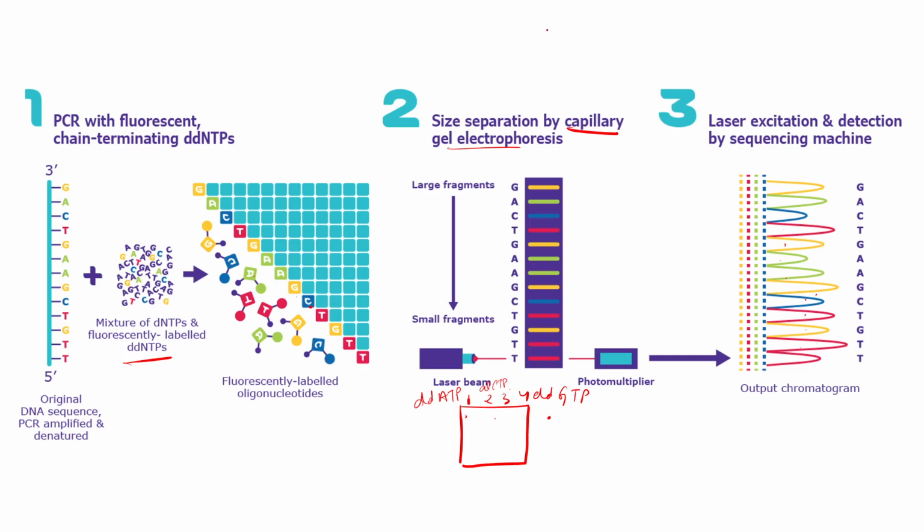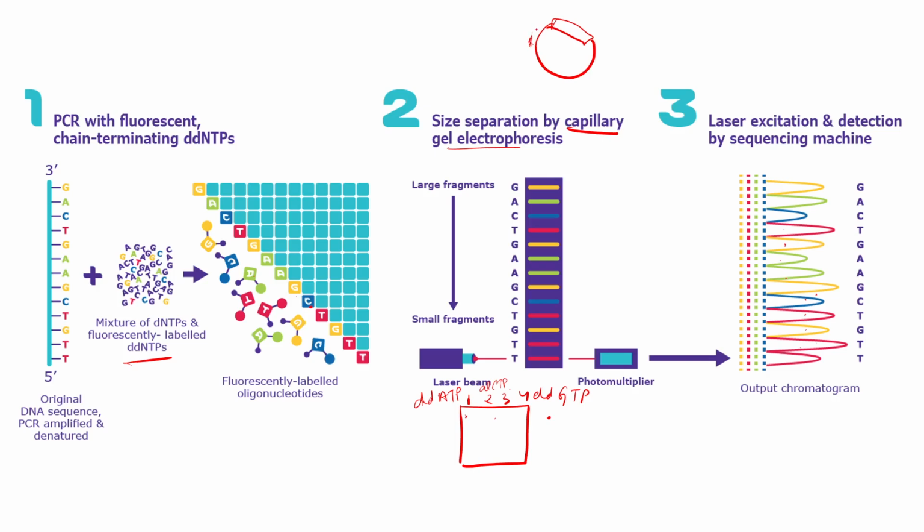So let's say I am doing cloning. I've cloned a particular gene in a pET vector system. In a vector I have cloned my particular gene sequence, and now I want to see if my cloning is done correctly, if I have successfully incorporated the gene in the vector. So what will I do? I will give this whole plasmid for Sanger sequencing, and they will use a primer somewhere here.